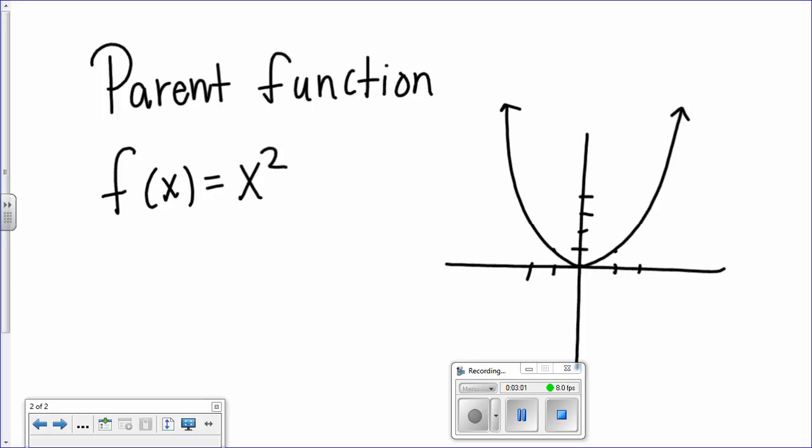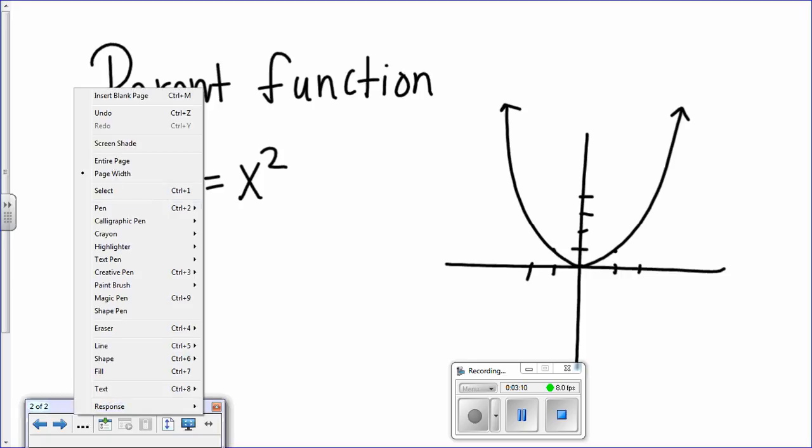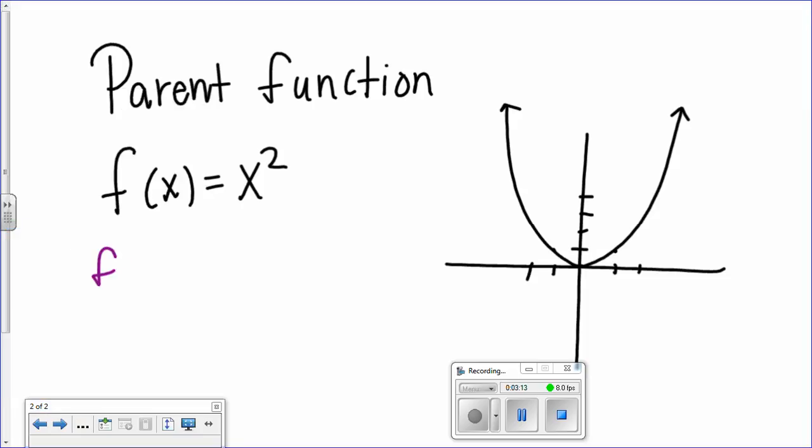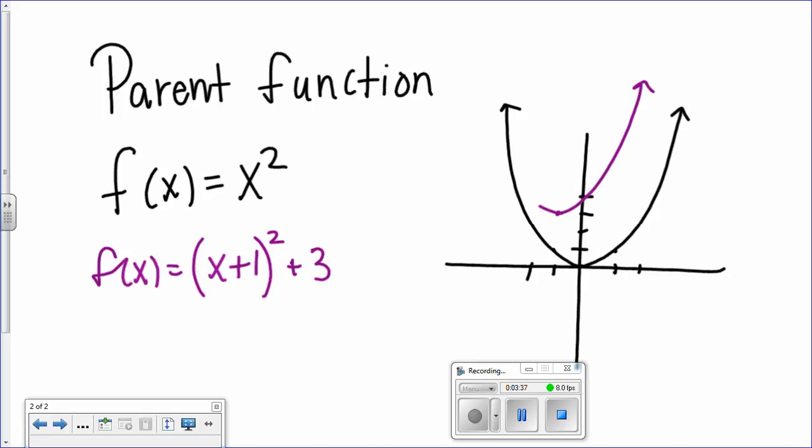And then just like yesterday, or the day before, when we did the absolute value function, you can move these around also. We had f of x equals x plus 1 squared plus 3. That would basically take that parabola, this one right here, and move it left 1, up 3. We do the same shape, and we just move it over, just like the absolute values.